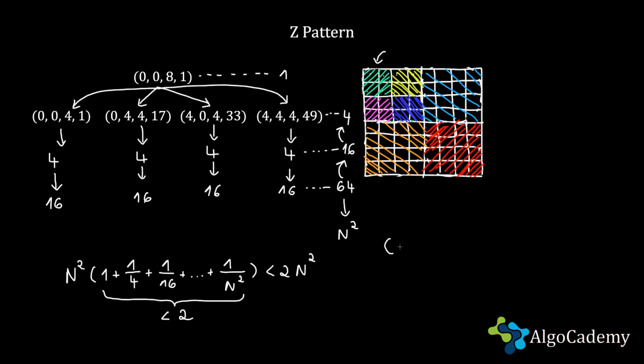So our algorithm has a time complexity of big O of n squared, which is awesome, because if you think about it, you can't do it faster. You need to at least go through each cell and write a number in that. And because there are n squared cells, no matter what your algorithm is, you will do those n squared operations. So big O of n squared is actually the optimal solution for this problem.